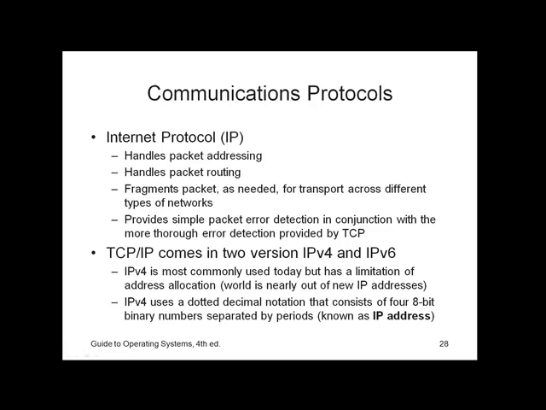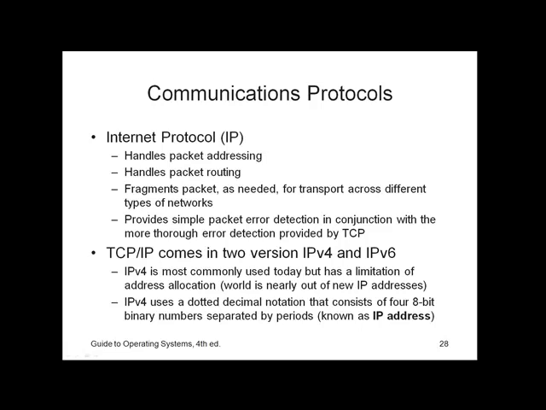Now, TCP/IP comes in two versions today: IPv4 and IPv6. IP version 4 is the most commonly used today. Now, it has a limitation when it comes to address allocation. And the world is, last time I checked, out of IP addresses, or close to it.